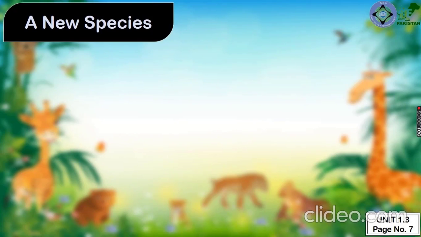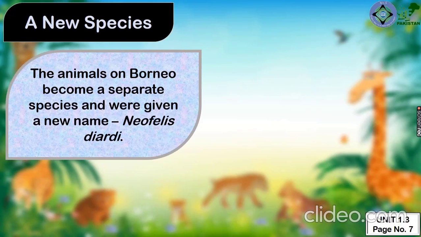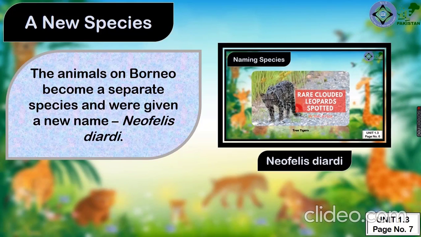That's why it's written here in your book. The animals on Borneo became a separate species and were given a new name, Neofelis diardi.